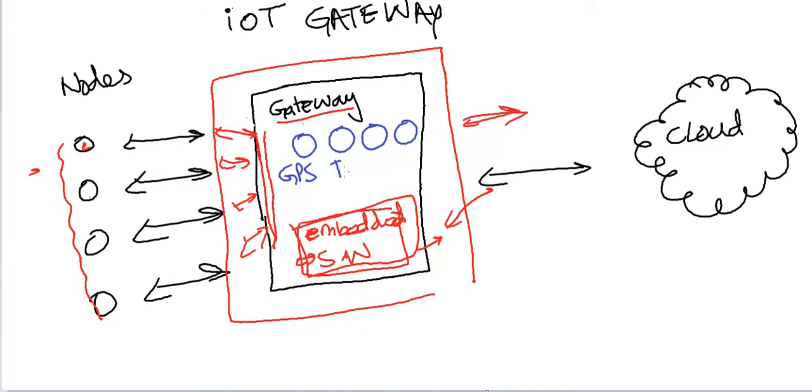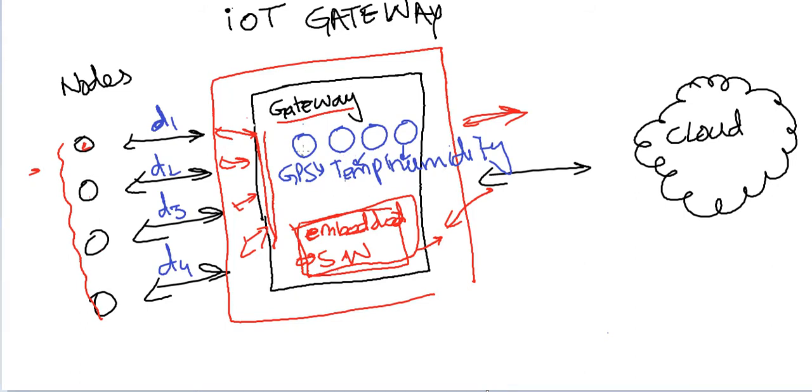We can also have a temperature sensor on the gateway, and a humidity or flow sensor, some liquid or water flow sensor. You can have any of these sensors here, and let's say the data from these sensors is D1, D2, D3 and D4.